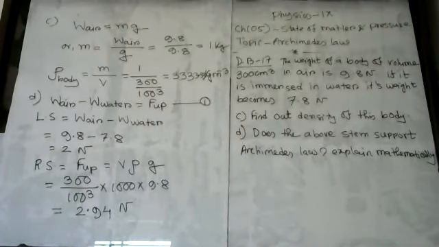Yes, sir. It is 2.94. Okay, if it is 2.94, then definitely we can say that this given information doesn't support Archimedes' law. My dear students, definitely we can say that this given data doesn't support Archimedes' law.